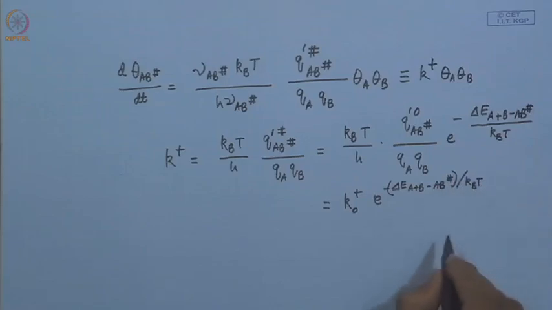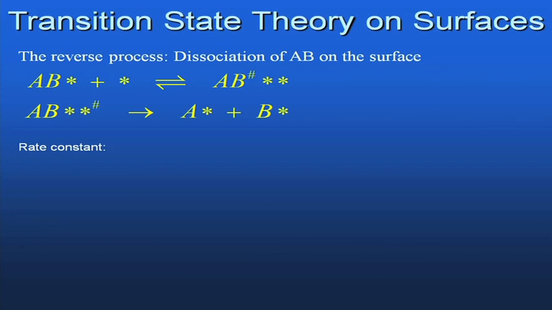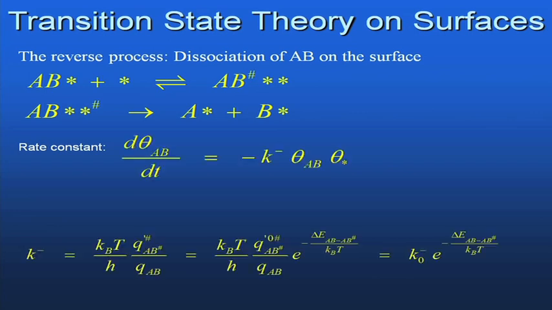Okay. So, this is the expression for your K plus. Next, reverse process. Reverse process means the dissociation of AB on surface.